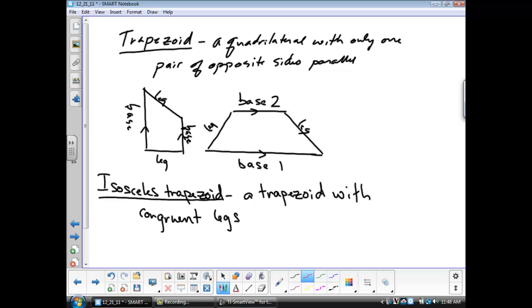If I find the midpoint of each leg and draw the line that connects the midpoints of the legs, here is another one, midpoint of this leg, midpoint of this leg, then I am drawing a segment that's called the median of the trapezoid.